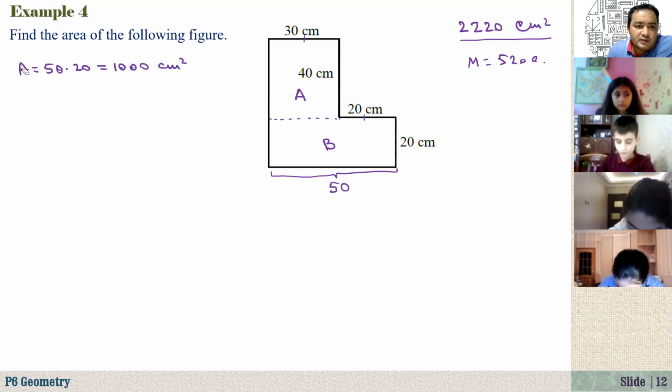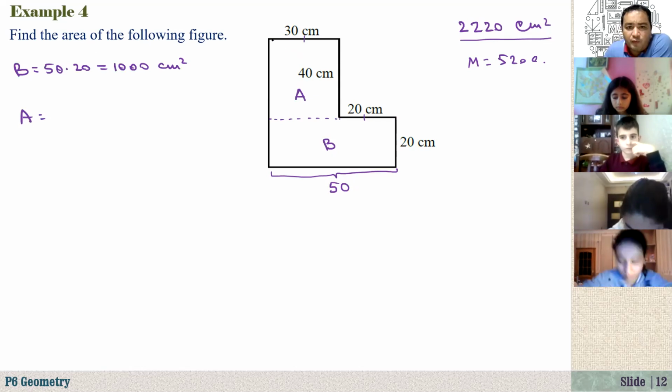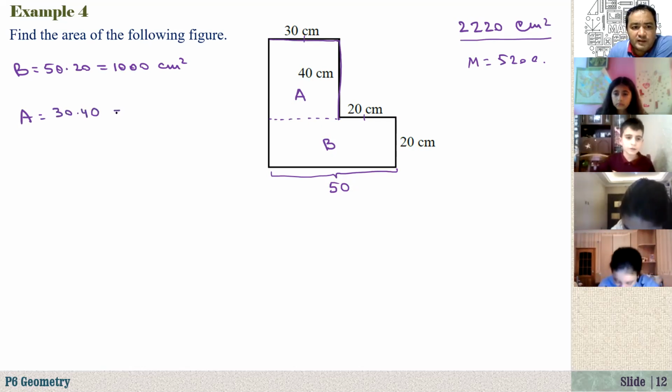It's not A actually, it's B. Why did I start with A? Okay, no problem. And how about A? If you look at A, width, it is 30. And how about until here? It is 40, right? So A is equal to 30 times 40. That's equal to 1200 cm squared.